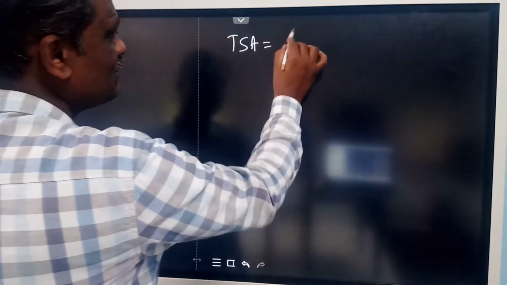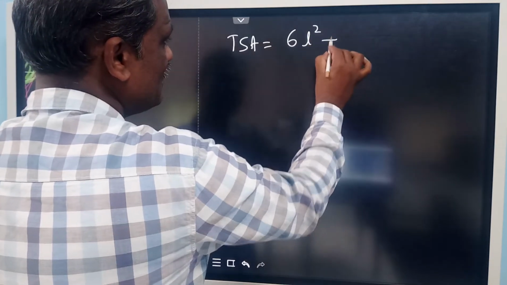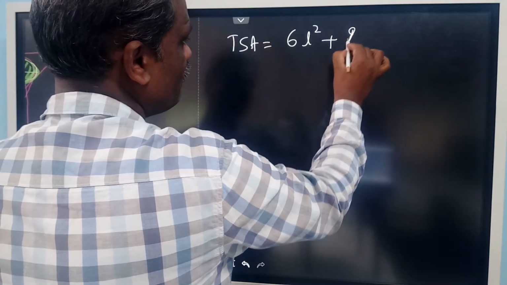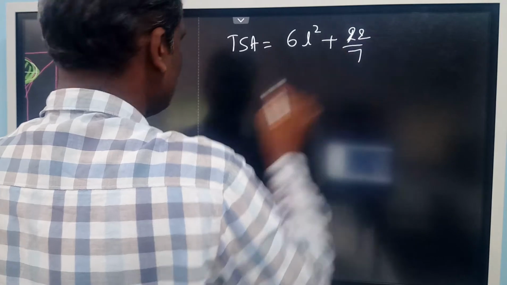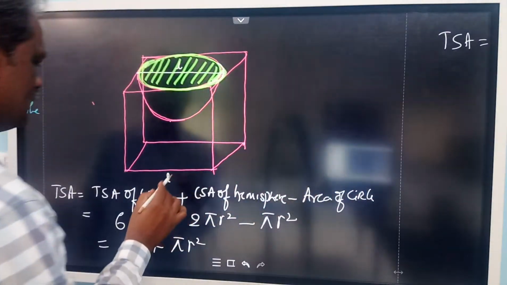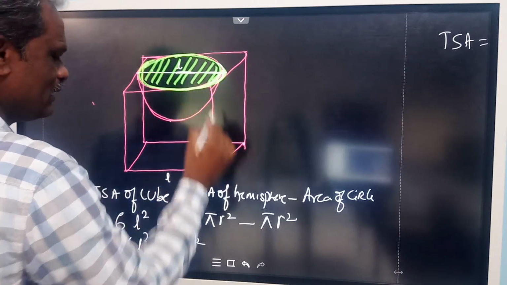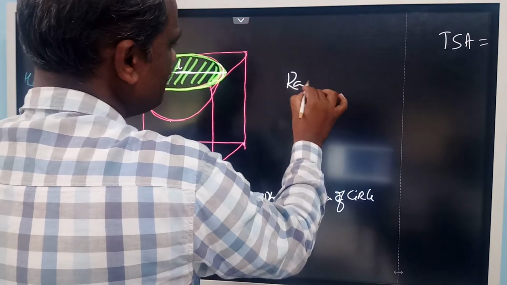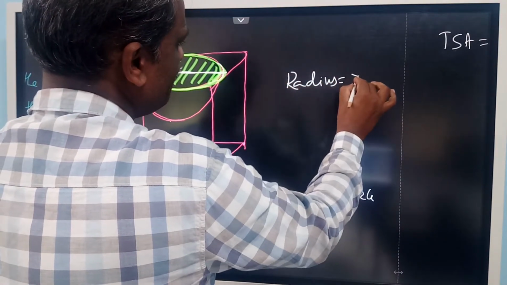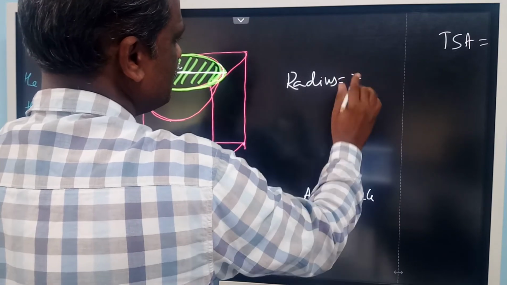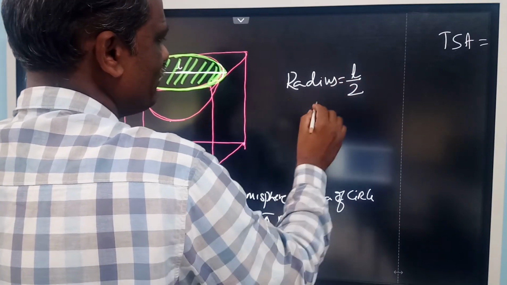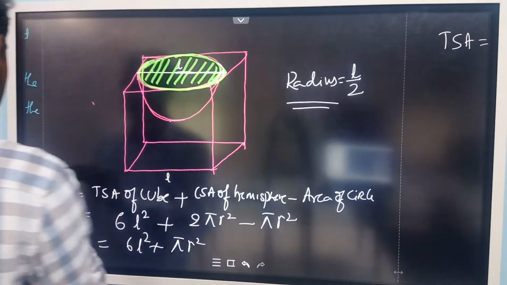plus pi, whose value you can write as 22 by 7. Here the radius is half of the diameter. So the radius is L by 2 units.